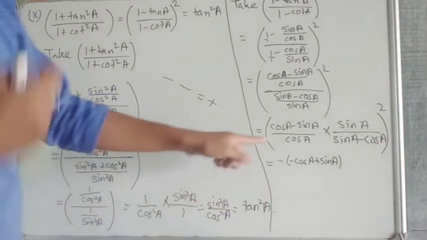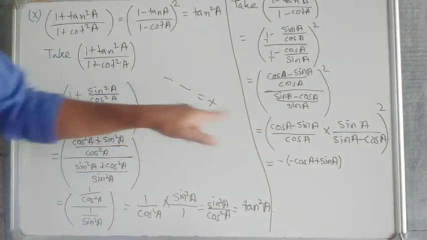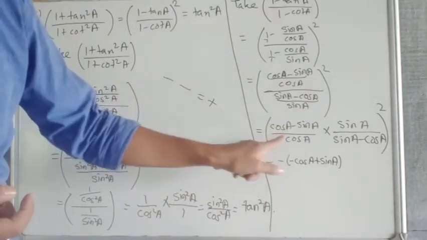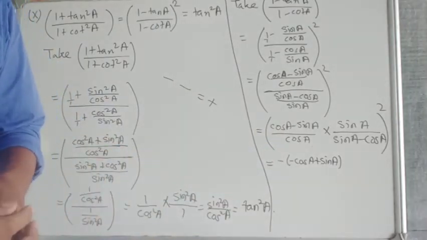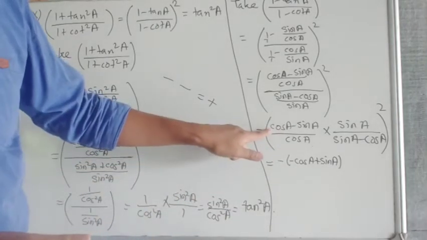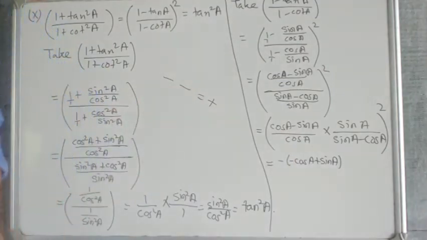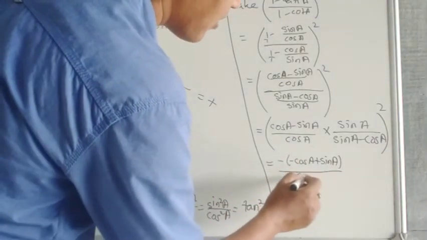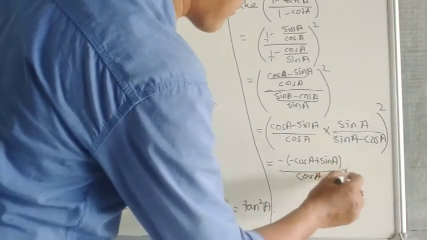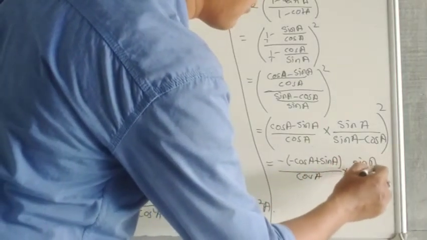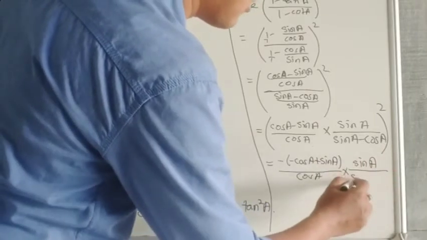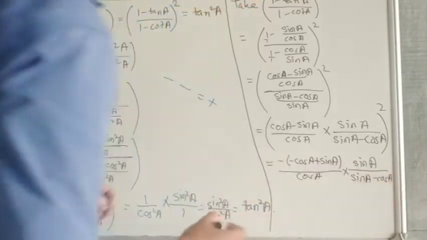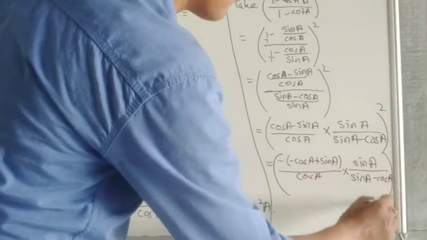So I multiplied 2 minus, kept 1 outside, and put 1 minus inside of this whole expression. So this becomes minus, this becomes plus. Other things remain the same, by cos A, sin A by (sin A minus cos A) whole square.